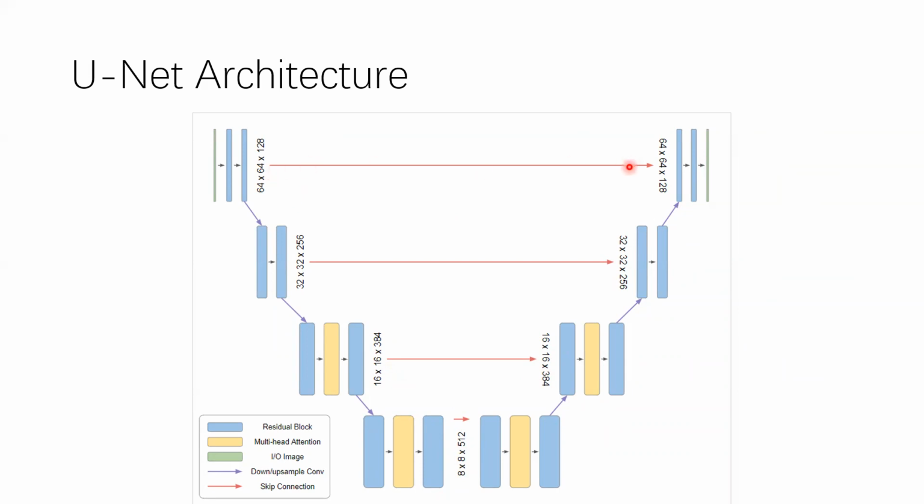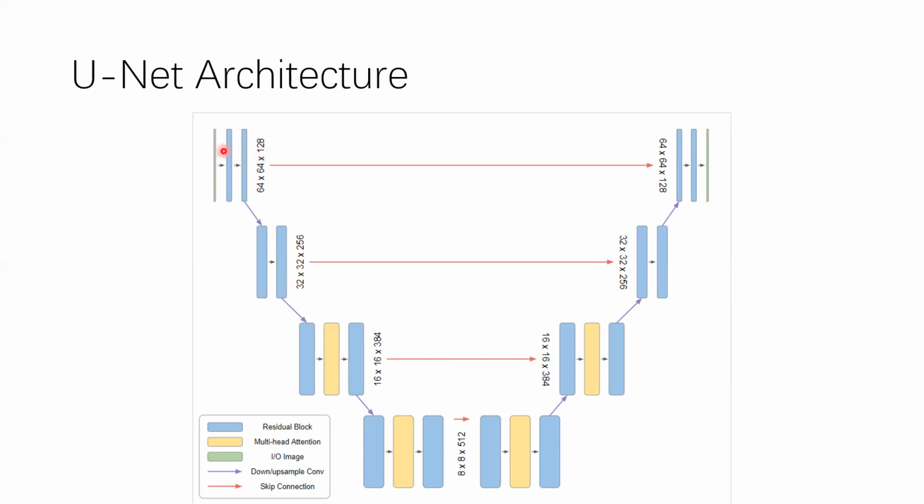It also adds skip connections between the input and output of the same resolution to keep improving performance. So that's the architecture of the UNet.